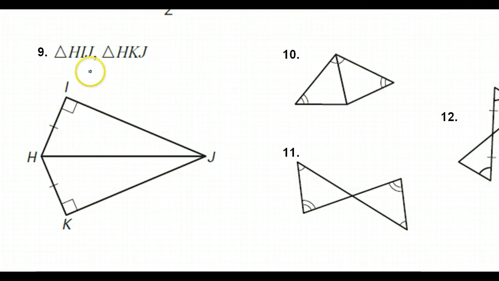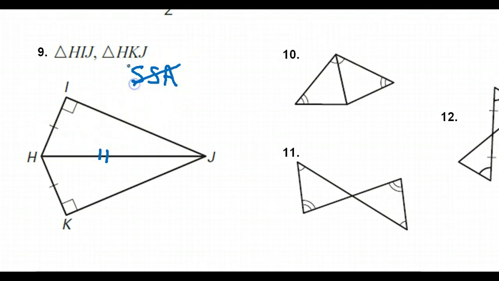Okay, we're about to run out of time. Let's see what we have here. Again, we have the shared side, so these are going to be congruent right here, HJ. That's going to be congruent. So that's it. That's all I have. I have two sides and an angle. Okay, so normally that would be side-side angle, the way it's set up.